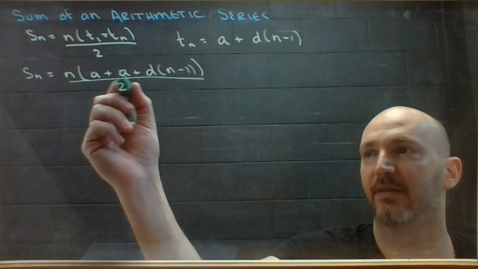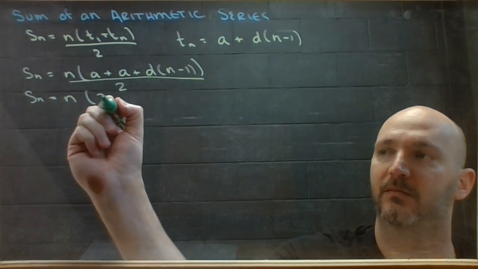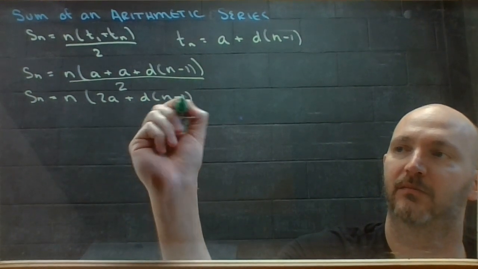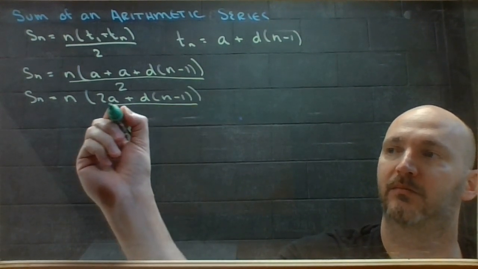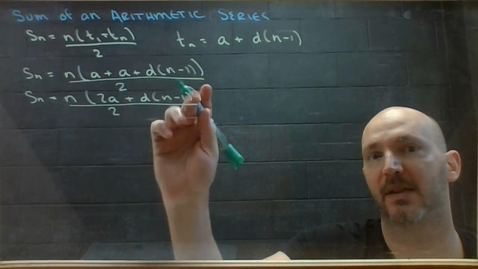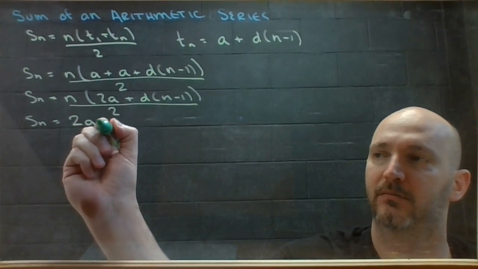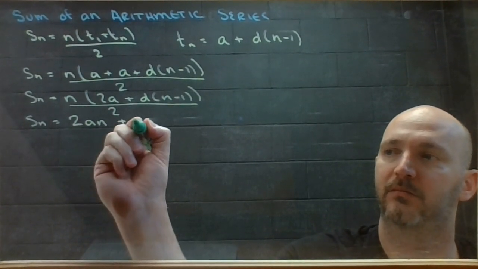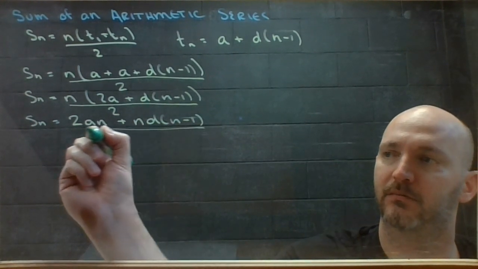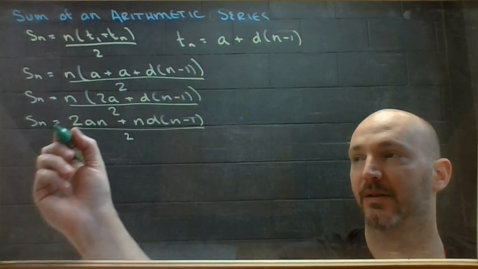Okay, so I have an A plus an A here. That's 2 A's. We're going to throw this n into the bracket. And I'm going to divide everything by 2.